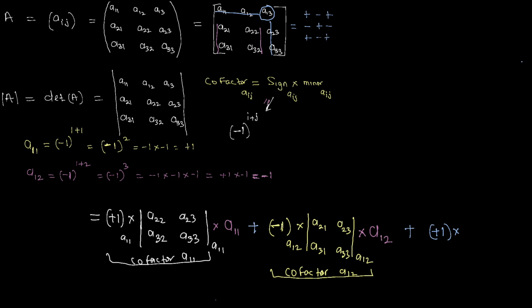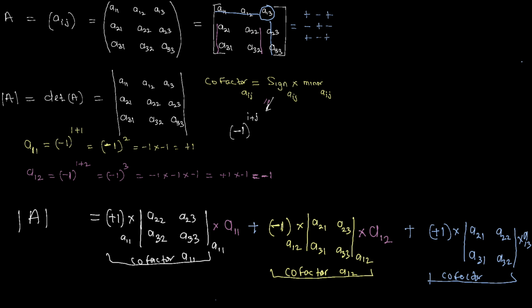So you draw your line, and that's A21, A31, A22, A32, and then you times it by A13. So we got the cofactor here, and if you times the cofactor of A13 by the element A13, you get the final element to be added on. So that's the determinant of A.